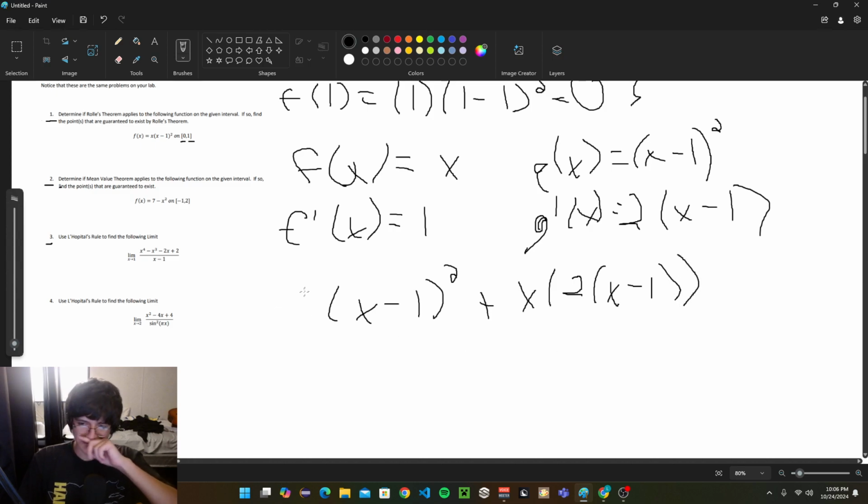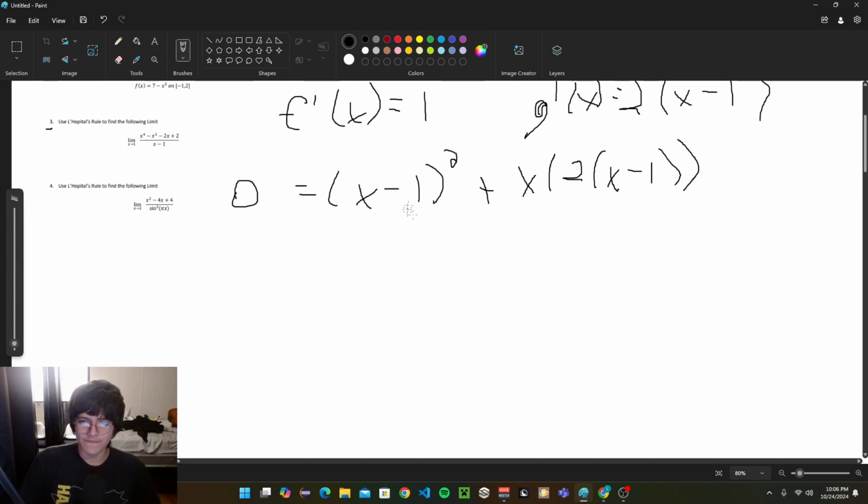And then once you found the derivative, we're going to set it equal to 0, because essentially what we're looking for is what the x's are. So x minus 1 squared is essentially just, let's solve this, x minus 1 times x minus 1, plus x times 2x minus 2.